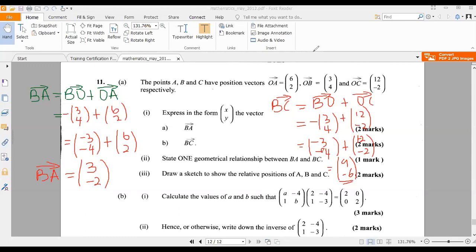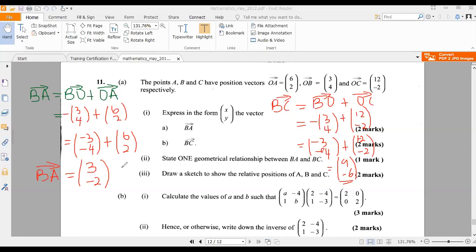What do you observe? They are factors. So you are saying that they are multiples of one another, right? Now, how many times will you multiply BA to get BC?